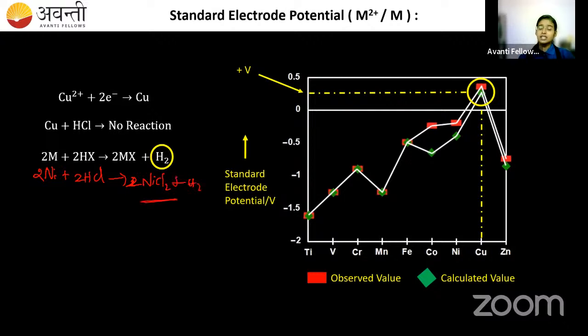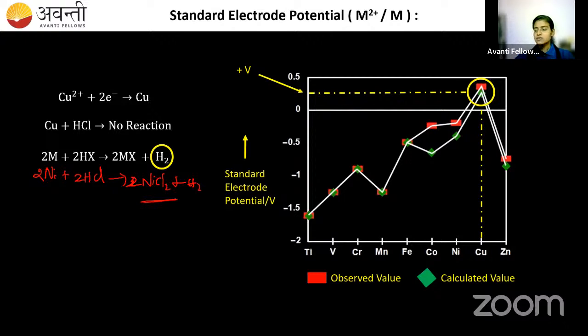So all other metals will react with acid and evolve hydrogen, except copper. Why? Copper has a positive value for the electrode potential. If an element has a positive electrode potential value, then that element will not react with an acid, and hydrogen gas cannot be evolved.